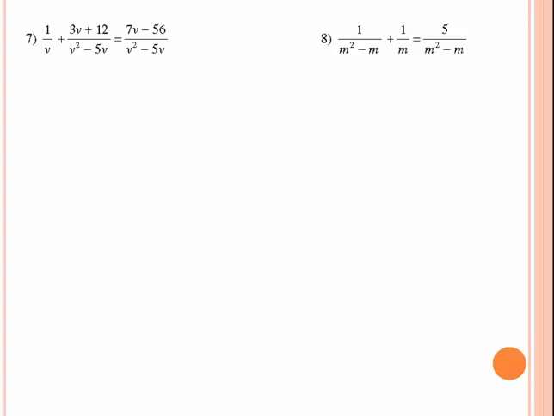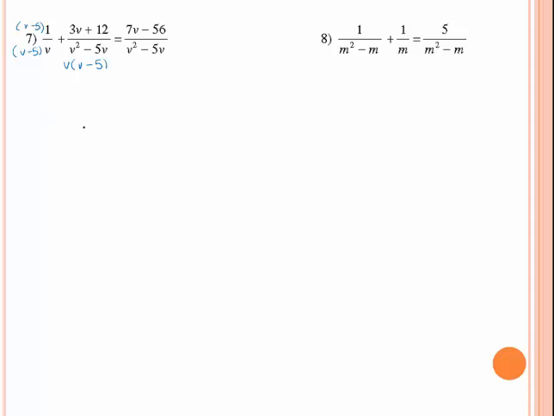Let's try a couple more. This one gets a little bit further complicated. So the first thing I'm going to do is factor this denominator and pull out a v so that I can see what I need to do to make these denominators match. I need to multiply this times v minus 5. So I'll multiply my numerator and my denominator times v minus 5.